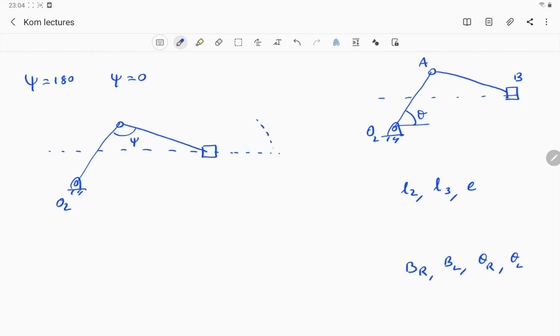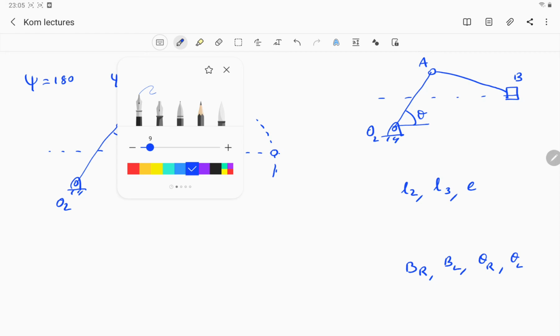If I do that, I'll get a circle, and that's our BR. Similarly, if I draw a circle with O2 as the center and radius L3 minus L2, that will give me one more circle, which intersects this line here. So we will have two extreme positions.